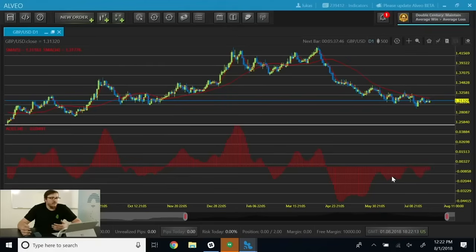Once again, the important thing with the Awesome Oscillator, before we finish up here, is just going to be looking at the market and seeing market conditions. Awesome Oscillator, MACD, CCI, moving average crossovers, which is what these are, they're all examples of a MACD if you just use the definition of the MACD, moving average convergence divergence.